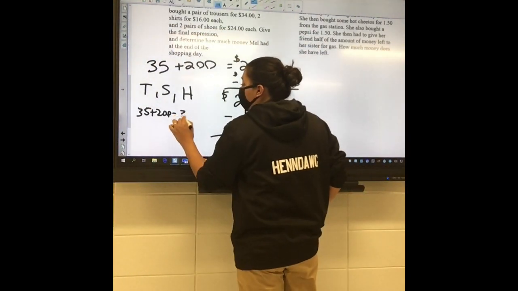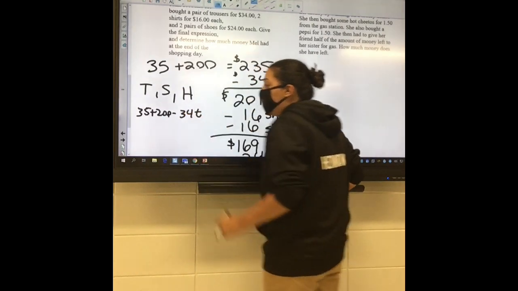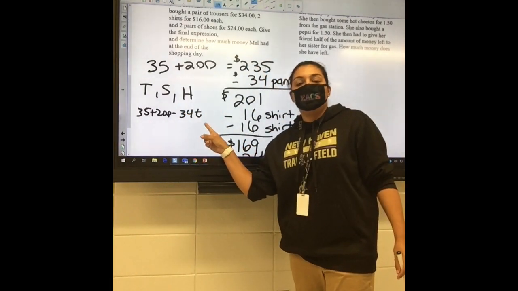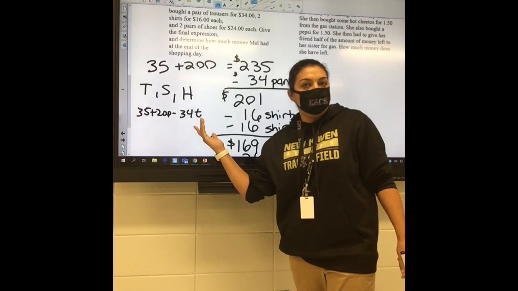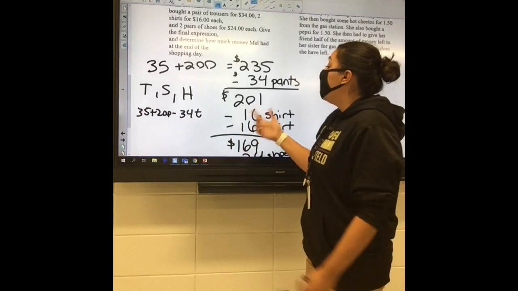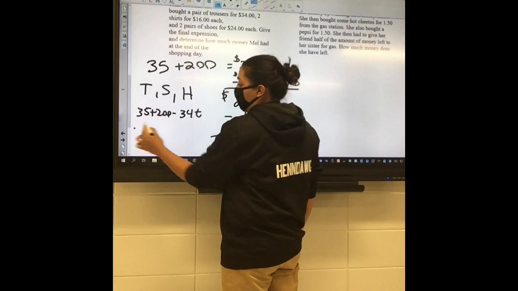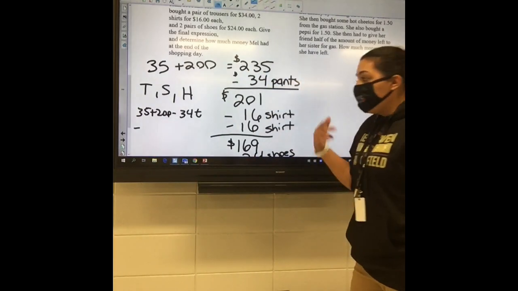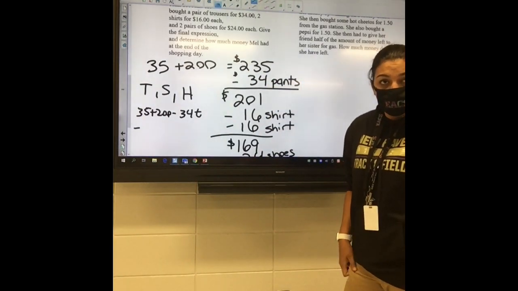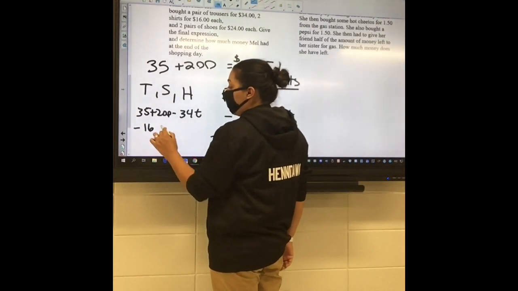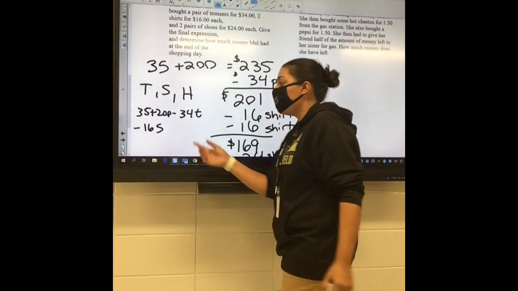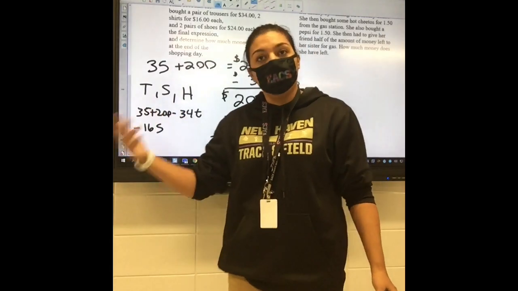1, so it would really be 34T, because if he bought 1 trouser, 34 times 1 is what? It's still 34, okay? And then you can subtract, and I'm running out of room, how many shirts did he buy? 2, so it cost me $16 for every shirt. So if I bought 2 shirts, it's really going to be 16 times 2, okay?